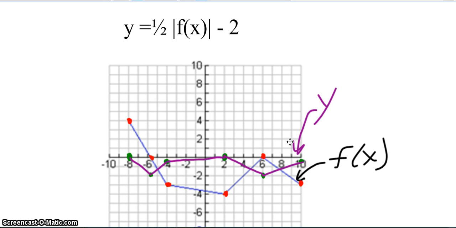Now, how do we go about that? Well, if you look at the original graph here, I've highlighted in red the points that I need to focus on. So I need to focus on all of the turning points, so here, here, here, here, and here. I also need to focus on where the graph is 0.